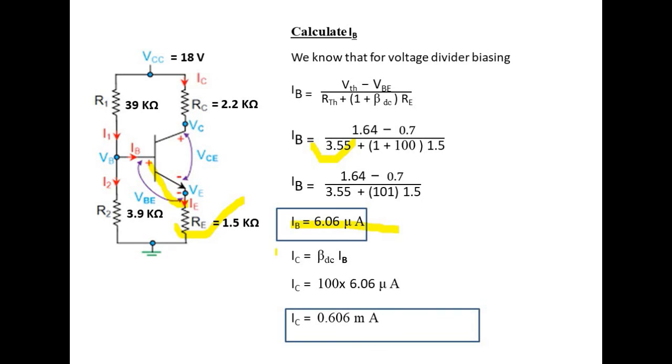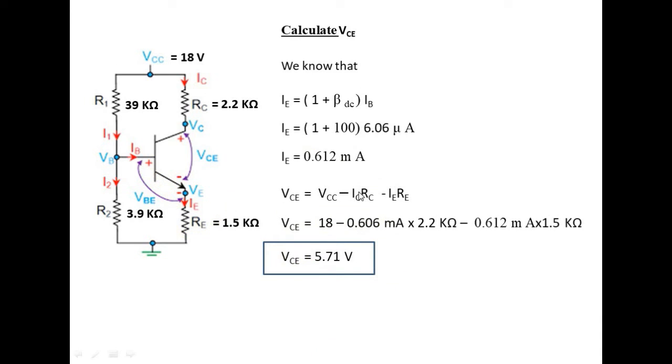Now we have to calculate IC, and we know that IC is equal to beta DC into IB. Putting the value of beta DC as 100, IB as 6.06 microampere, we have got IC is equal to 100 into 6.06 microampere. So we have got IC as 0.606 milliampere.